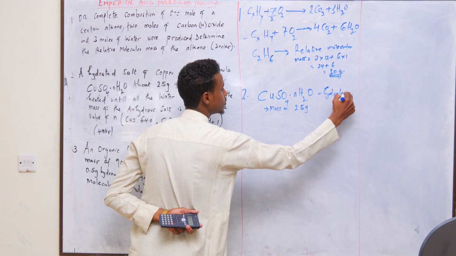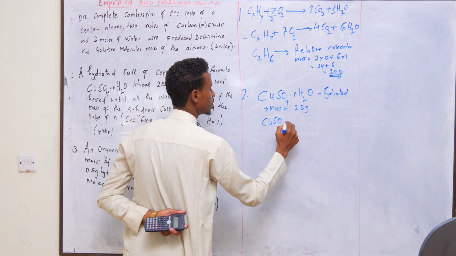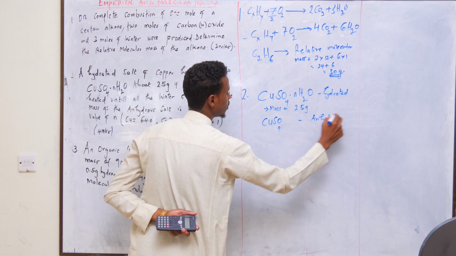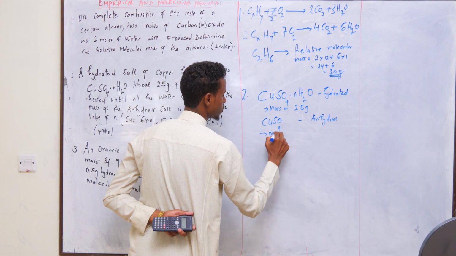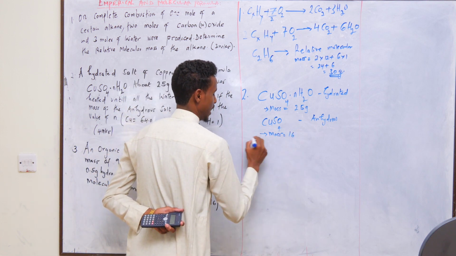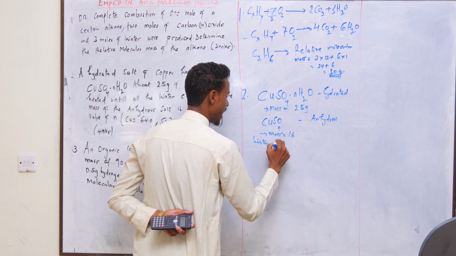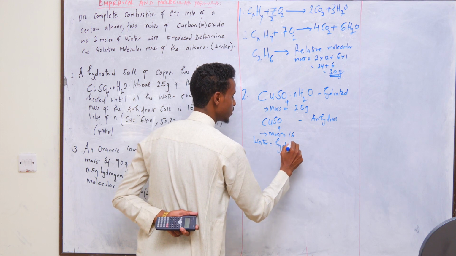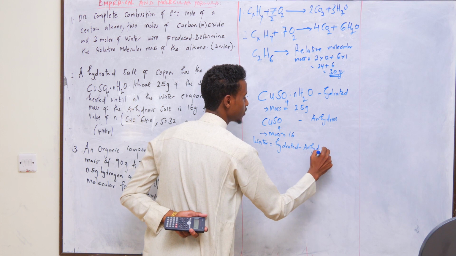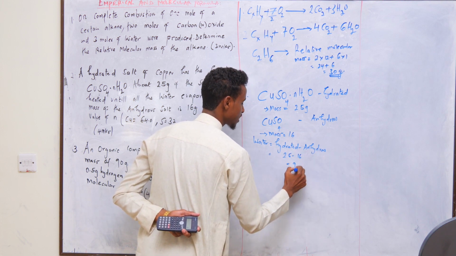The mass of anhydrous copper(II) sulfate is 16. The water will be the hydrated minus the anhydrous, which is 25 minus 16, and you get 9 grams.